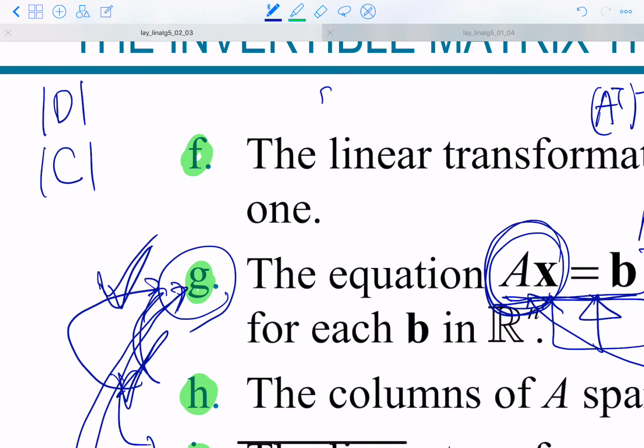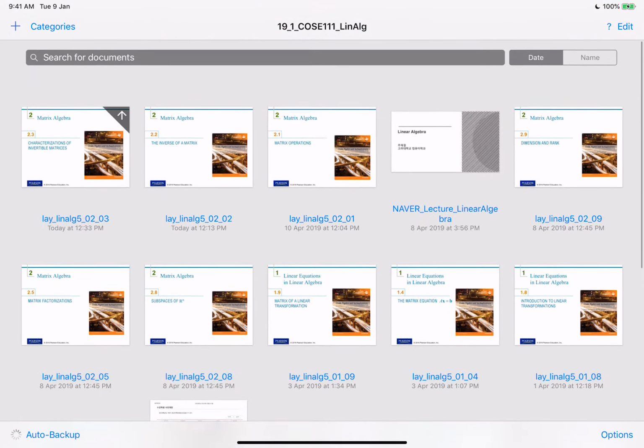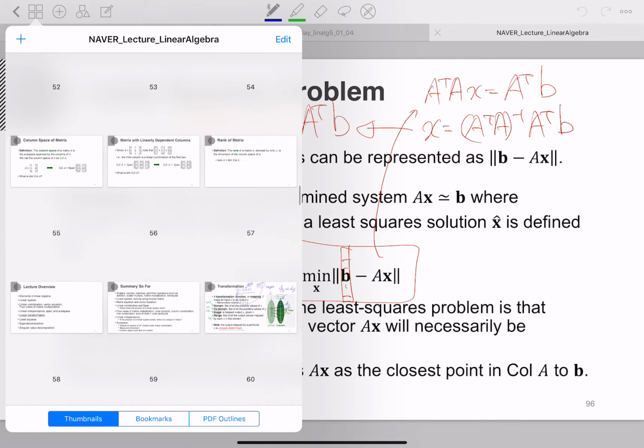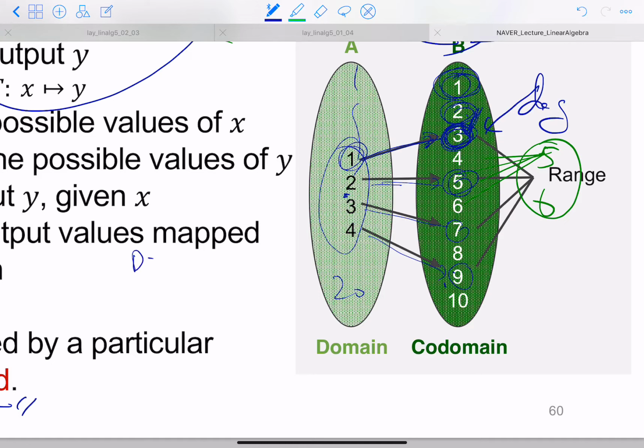So suppose D is {1, 2, 3, 4}, and C, our codomain, is {1 through 10}.